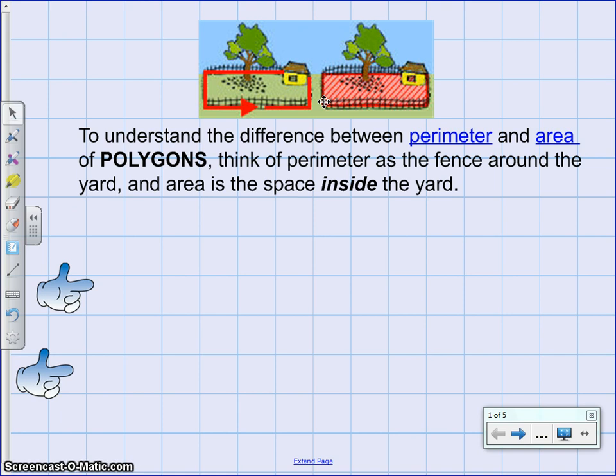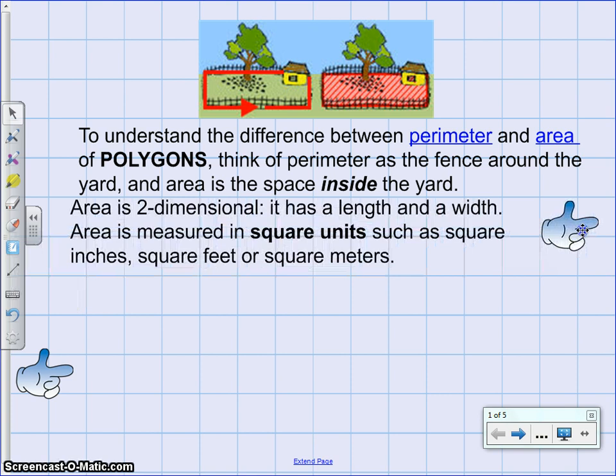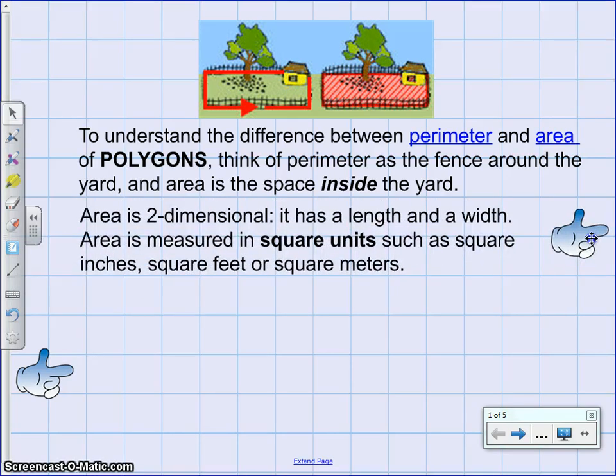that's the area. So the area is two-dimensional. It has a length and a width, and it's measured in square units. Remember, it's like we have all those little tiny squares that we fill the surface with, and they form an array, and that is the area that we're talking about.